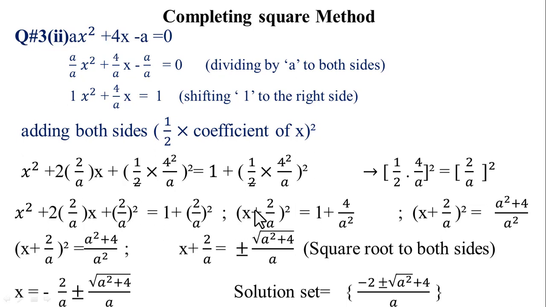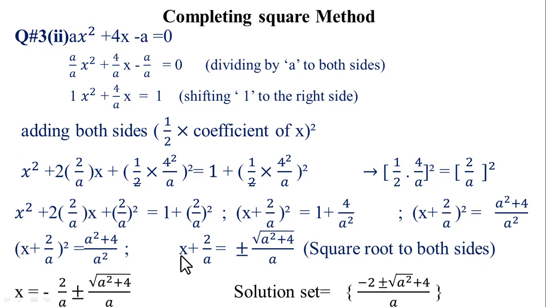This implies that the left hand side (x + 2/a)² is equal to the right hand side, 1 + 2² is 4 and a² is a², so 1 + 4/a². Then (x + 2/a)² = (a² + 4)/a².